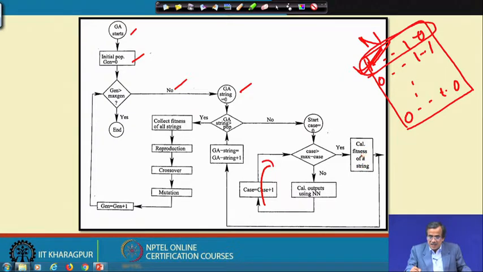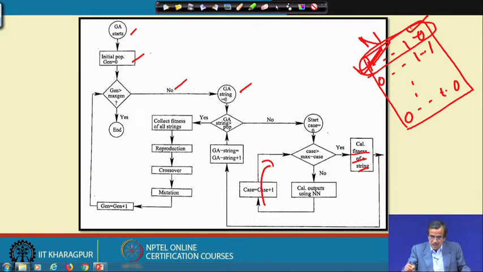So, the fitness is nothing but the mean squared error, which I will discuss in the next slide. For the time being, let me assume that the fitness of the G string is nothing but the mean squared error in prediction. Once you have got the fitness of a particular G string, for this G string the fitness is known.